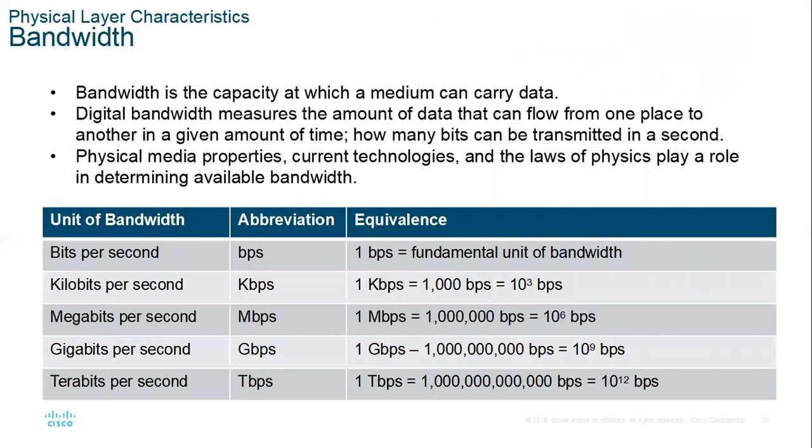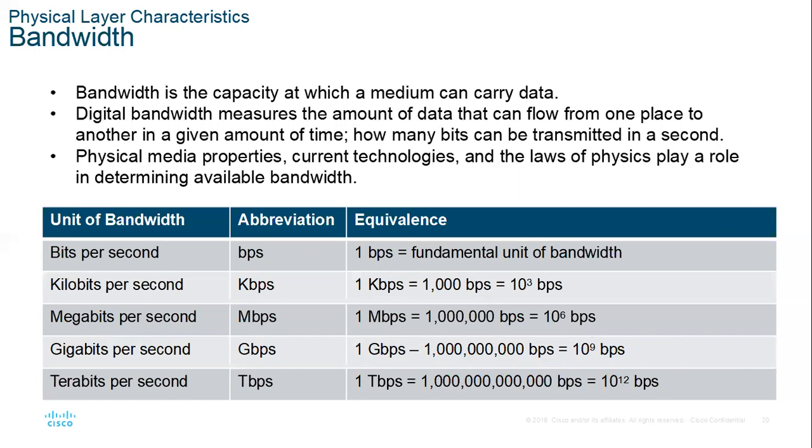A few things you need to understand, first is bandwidth. It's the capacity at which a medium can carry data. Look at your bandwidth as, let's say, a 2-lane road, a 5-lane road, a 6-lane road, a 7-lane road. If you have a small bandwidth, a small allowance, that will determine what you can take.